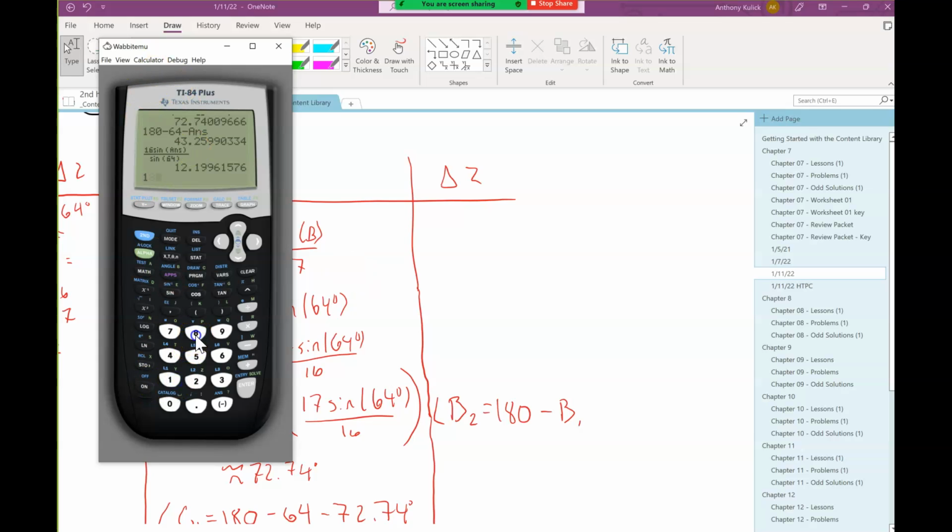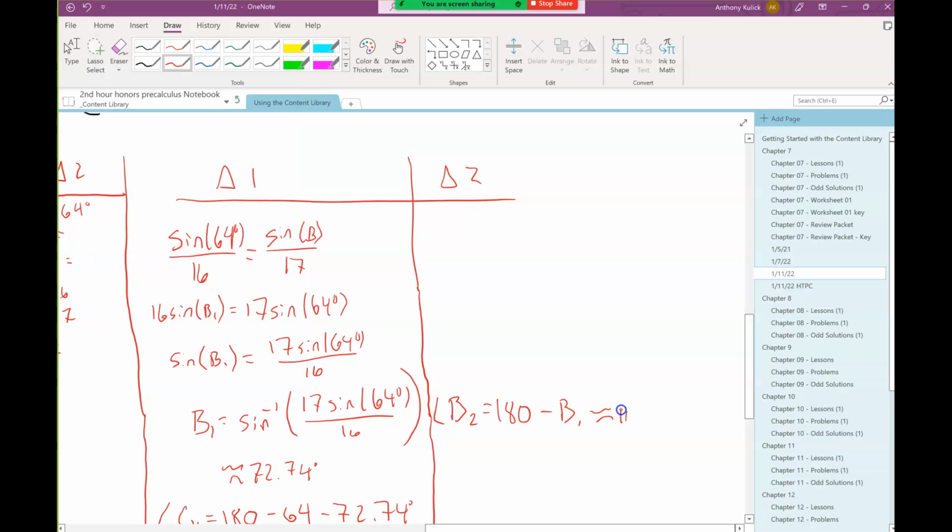But again, remember, we have to do triangle 2 in the same order that we did triangle 1. So we have to find angle B2 first. We can't start by finding C2 first. So 107.26.